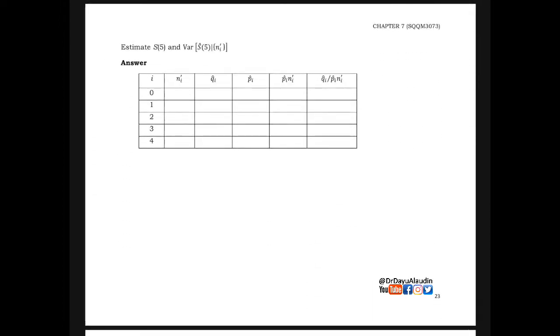So first, you have to fill up the table. So Ni is just taken from the question, the information given. So Ni is the exposure: 1020, 1100.